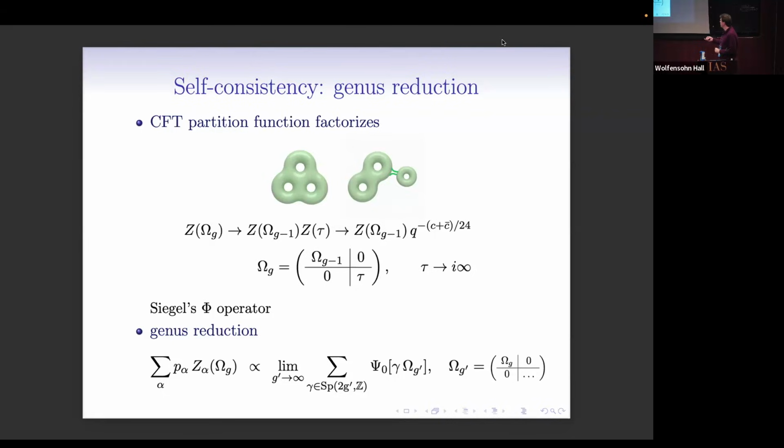If I now have an ensemble of theories and I do genus reduction for all of them, they all will factorize. And this factor is completely universal because all of these theories in the ensemble share the same vacuum. Therefore, the average partition function will trivially factorize. So that will be a seamless reduction from genus G to genus G minus 1.